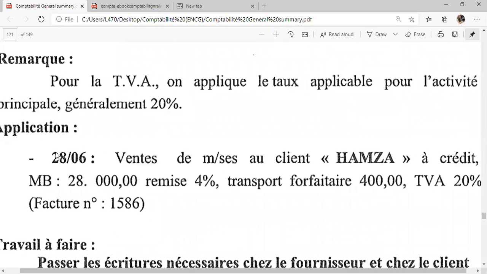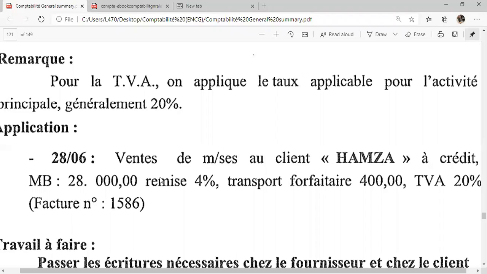It says vente de marchandises au client Hamza à crédit, montant 28,000, remise 4%, transport facturé forfait à 500, TVA 20%.